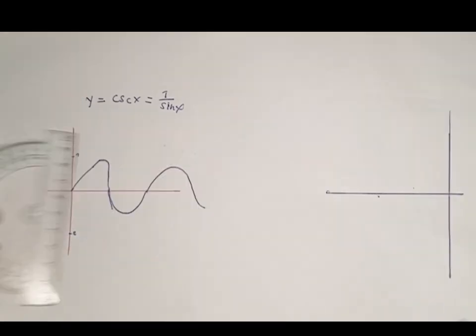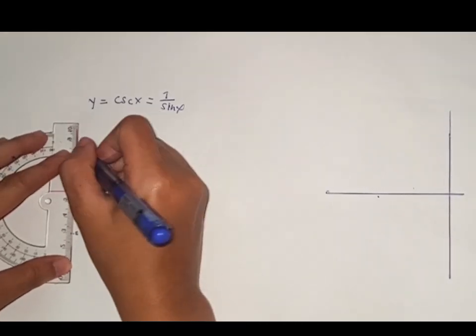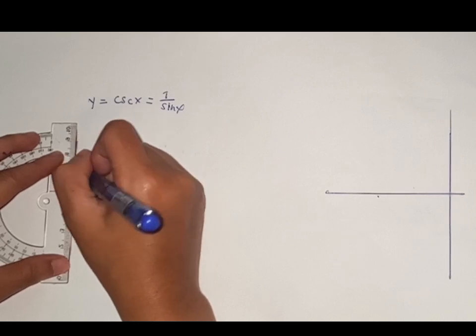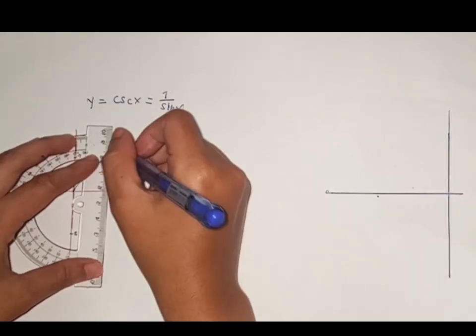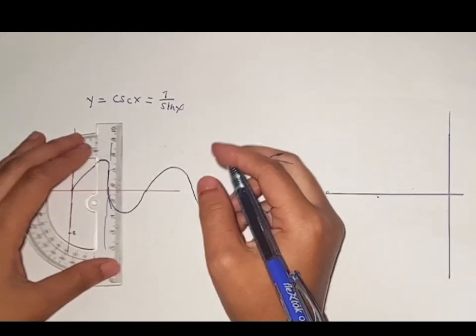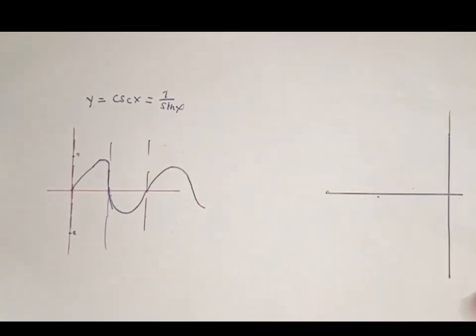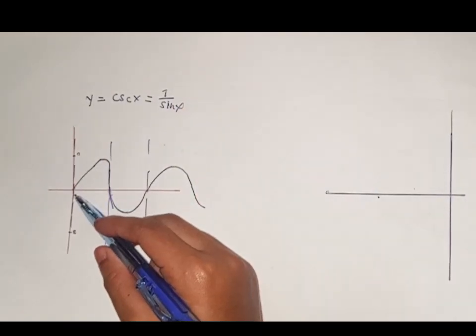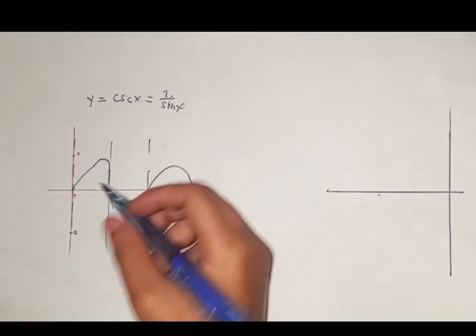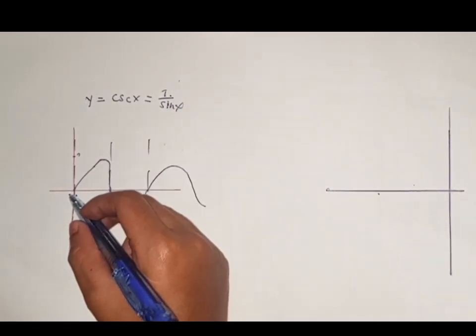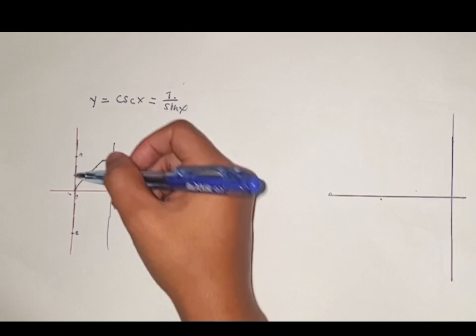So we can draw vertical asymptotes. Since 1 divided by 0 is undefined, we put asymptotes.